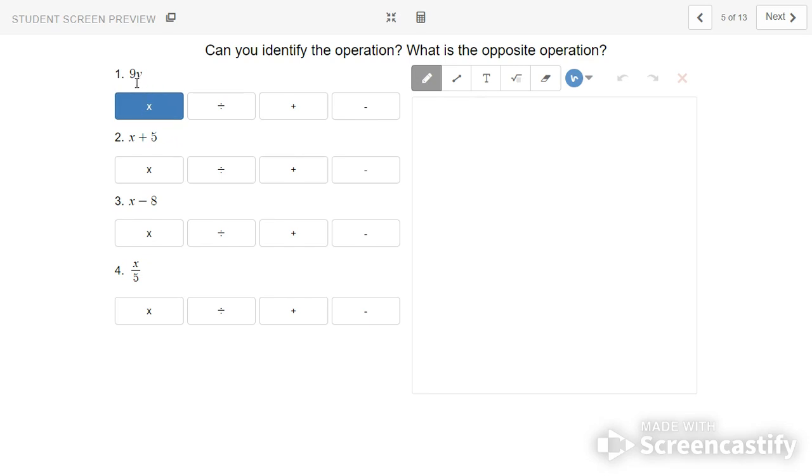Just like in all of our coefficients, the coefficient always means we're multiplying the variable. So the operation that we have is multiply 9, and the opposite operation would be to divide by 9.